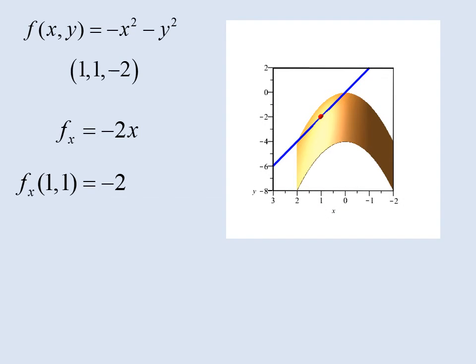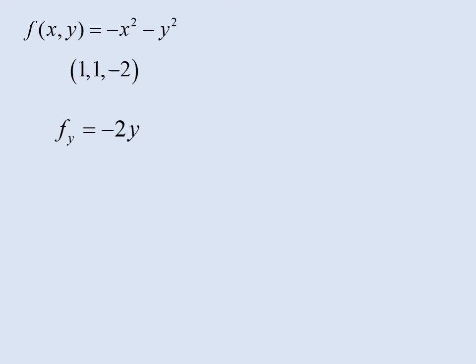Now I've drawn a graph of it here for you. There's the point (1, 1, negative 2). We're looking here along the x, z axis. The slope of that blue line is negative 2, the slope in the x direction. Here's the partial with respect to y, where again the x is a constant.